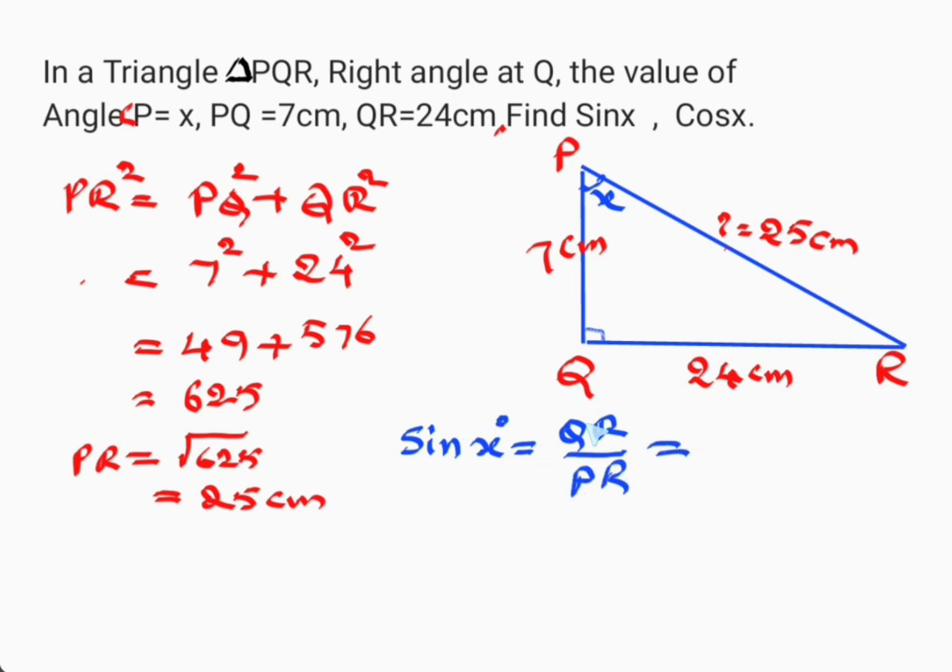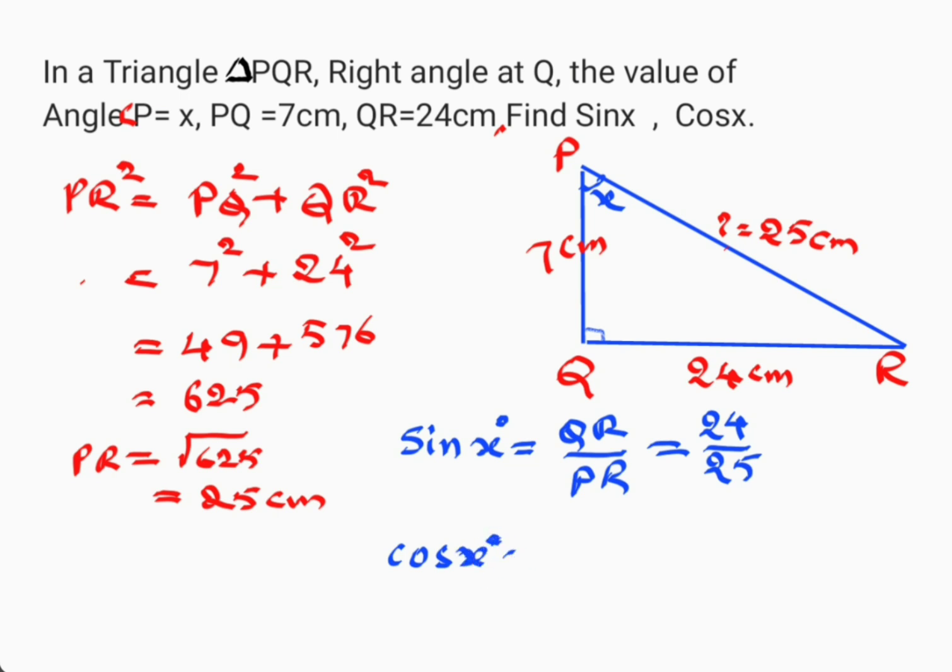Sin theta is opposite side by hypotenuse. So QR equal to 24 and PR equal to 25. So sin X equal to 24 by 25.